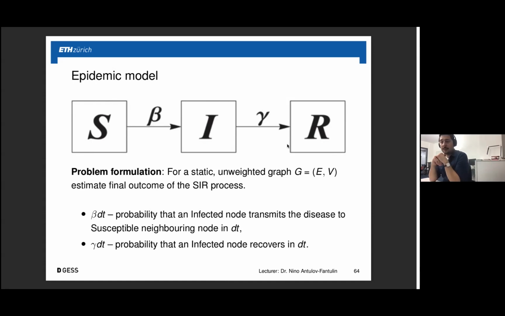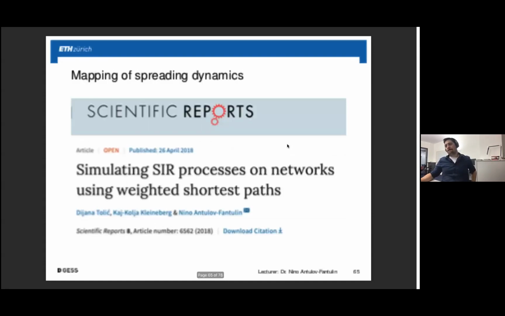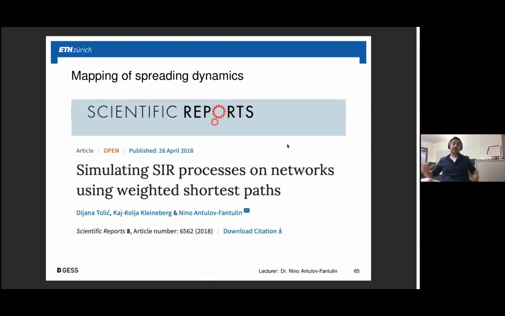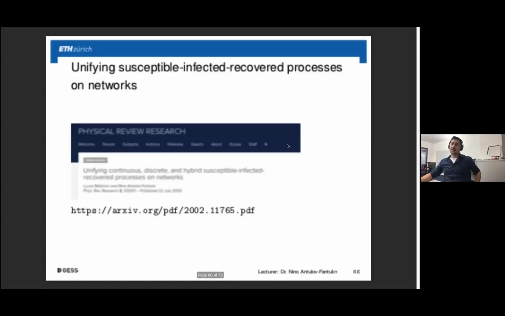Okay, and gamma dt would be the probability that the infected node recovers in an infinitesimal amount of time. Okay, now with these two definitions, essentially these two rates, we can have different types of algorithms to simulate this, but I'm going to show you one of them that is based on this paper and on this paper.